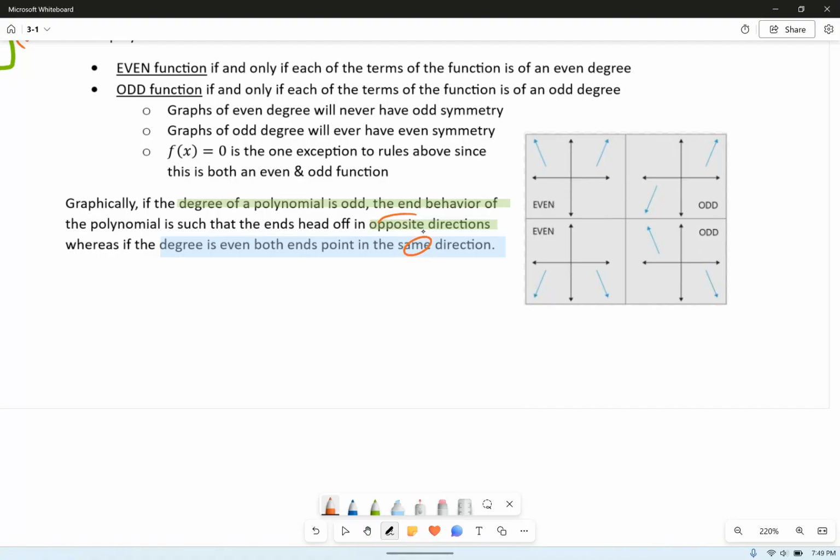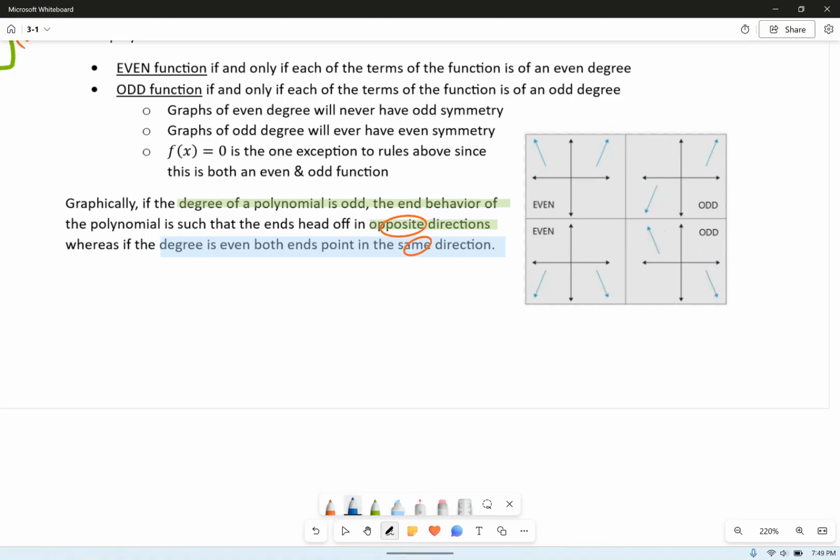And opposite. So keep those little hints from not going away. So here the arrows were pointing both in the same direction, right? That's same, so that's even. Same direction, even. These are obviously in opposite directions, odd. All right.